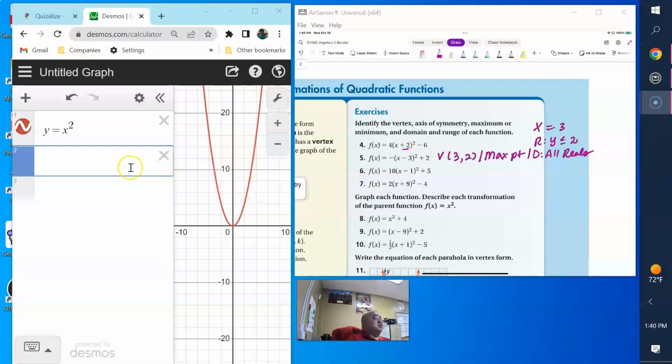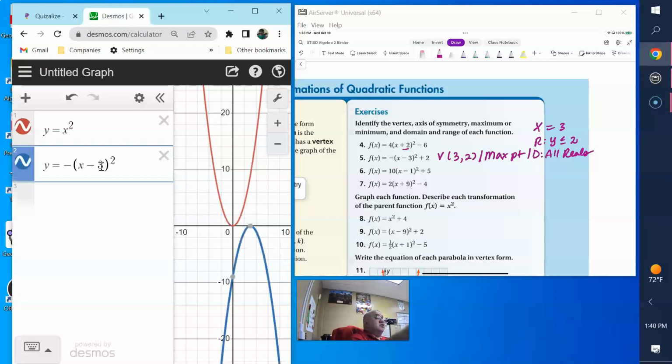If you wanted to check that out, all you would have to do is type in y equals negative (x minus 3) squared. You notice it reflects over the x-axis, and then it goes up 2. So once again, the vertex is (3, 2).